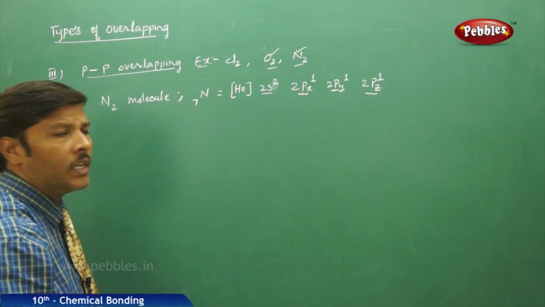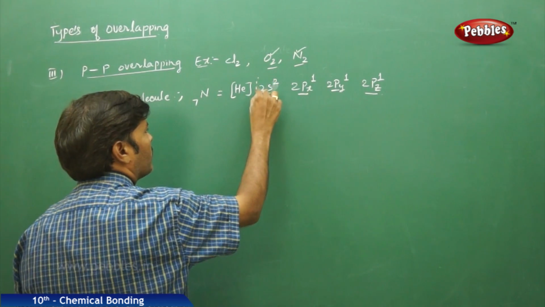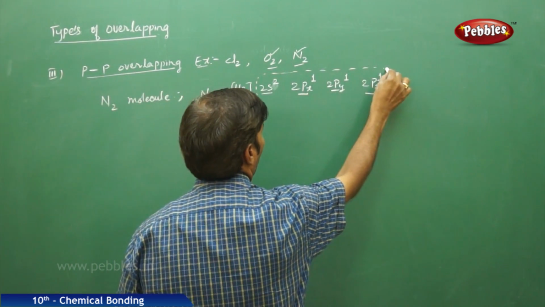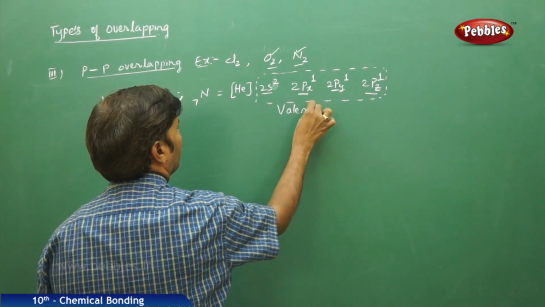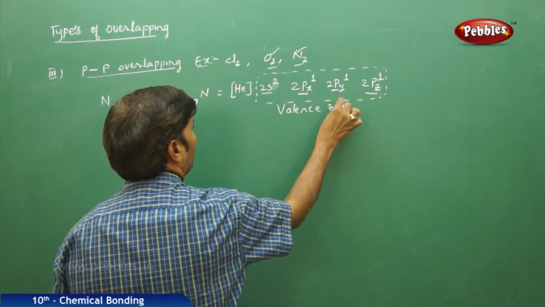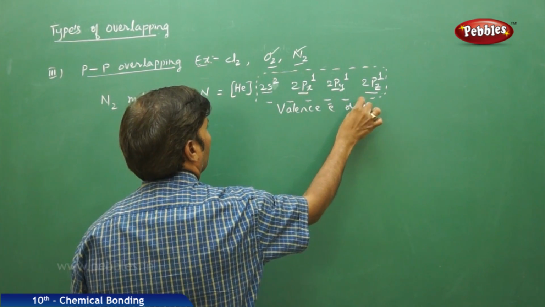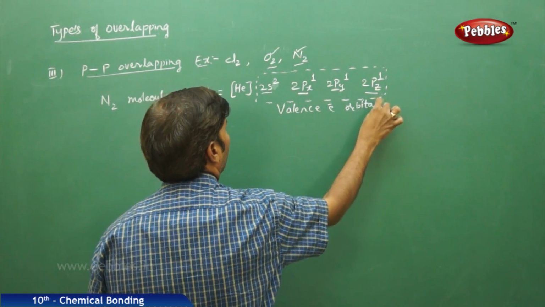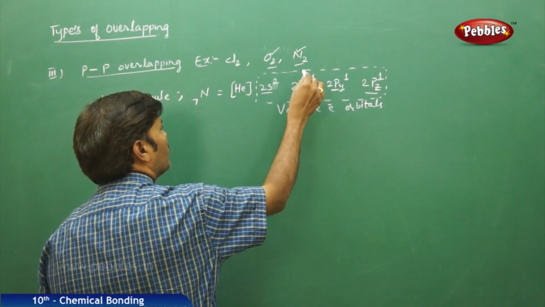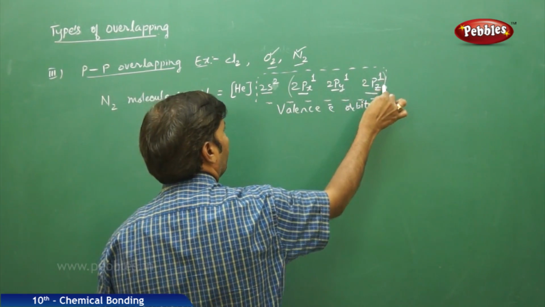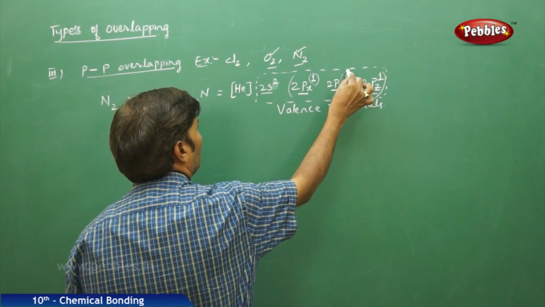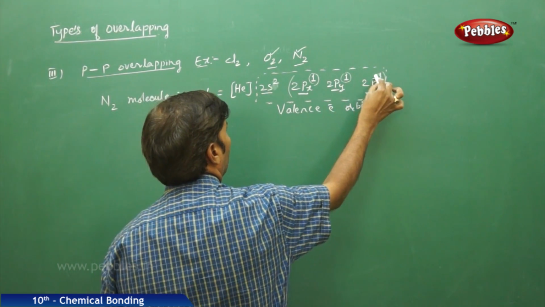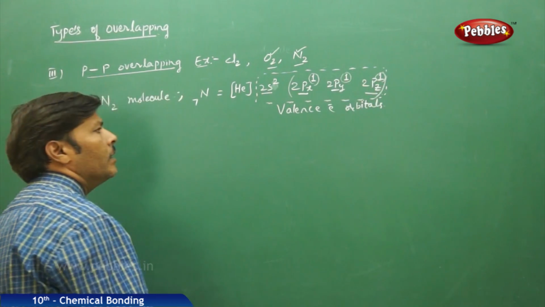But interestingly, these are the valence electrons of nitrogen. These are the valence electron orbitals, and in these valence electron orbitals, only those orbitals which have unpaired electrons matter. Here you find the 2px orbital has an unpaired electron, the 2py atomic orbital has an unpaired electron, and the 2pz atomic orbital also has an unpaired electron.